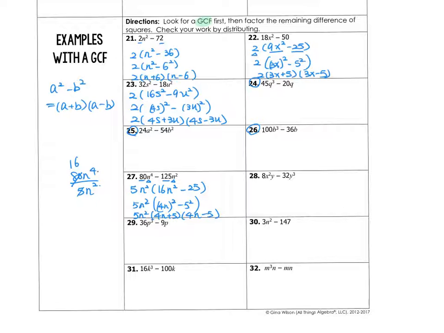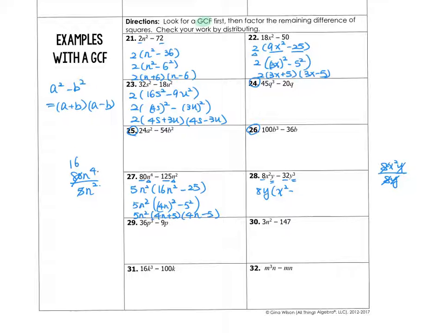Number 28. Between 8 and 32, I think it's 8 coming out. What do I have in common in the variables? It's just 1y. So 8x squared y divided by the common factor, I only have x squared left.